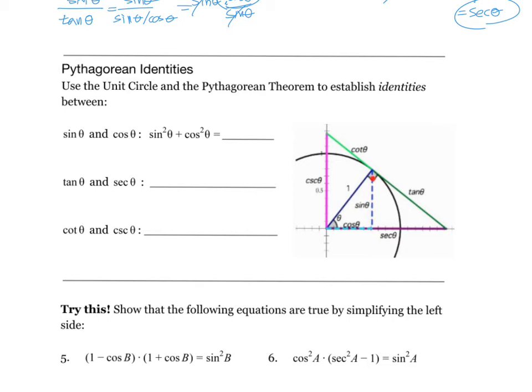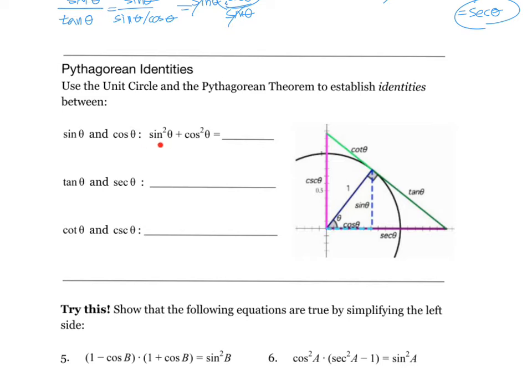So since this segment that we drew in here was perpendicular to the x-axis, I know this is a right triangle, this is a right angle. So this right triangle should observe the rules for the Pythagorean theorem, which is to say that this leg squared plus this leg squared should equal this leg squared. And that's what we've done here.